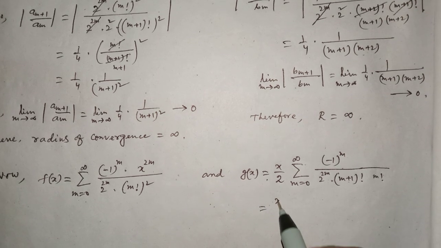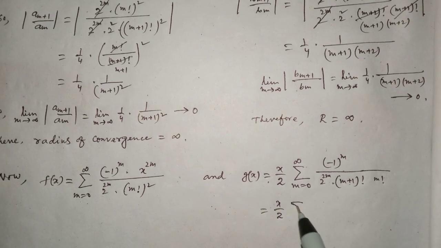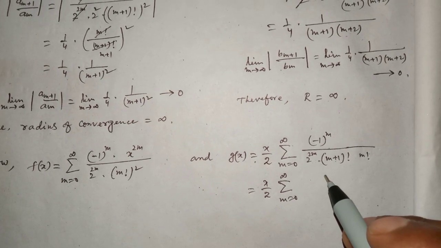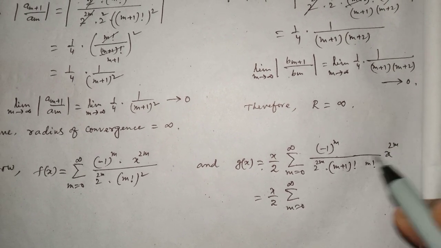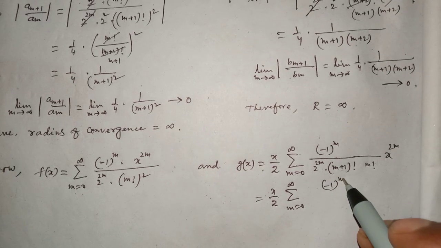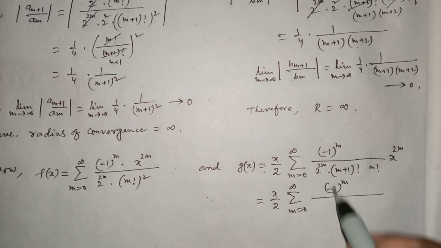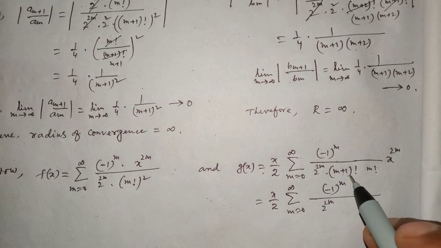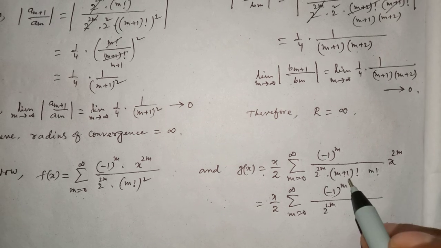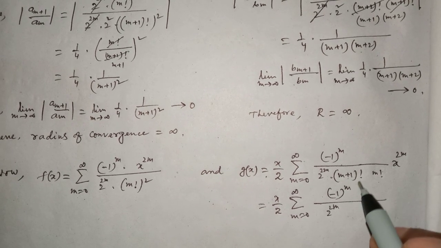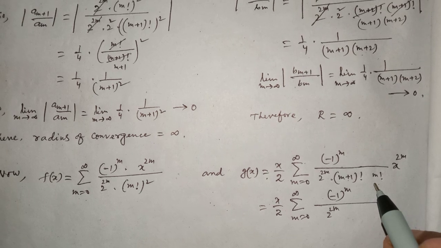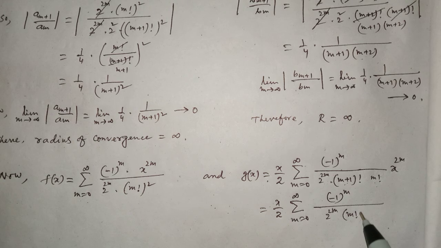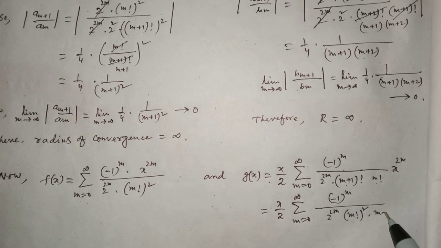This is equal to x by 2 summation m equal to 0 to infinity, minus 1 whole to the power m by 2 to the power 2m into m plus 1 factorial into m factorial, into x to the power 2m. Now m plus 1 factorial means m factorial into m plus 1. So m factorial into m factorial means m factorial whole square into m plus 1.